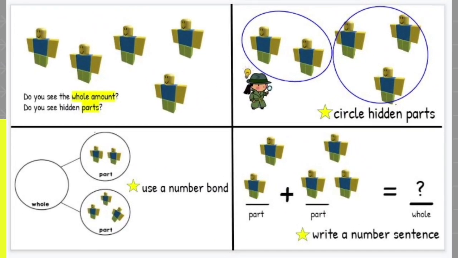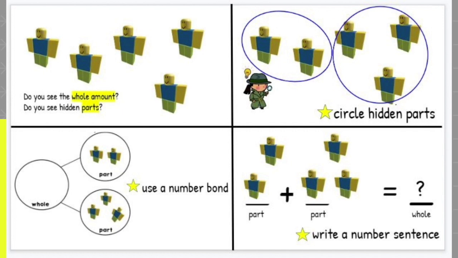So here are some specific ways that we have stayed organized in our math videos. This should look familiar to you because we solved these problems together in our last video. Okay, looking for a whole amount, we circle hidden parts in that whole amount as number detectives. These are ways that we've used to stay organized.